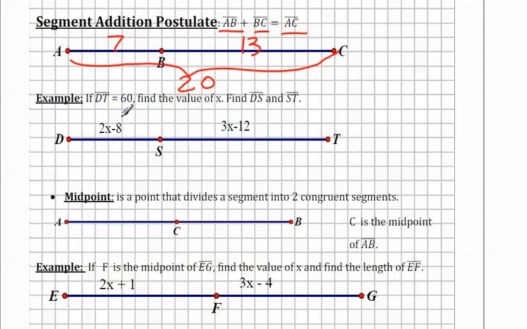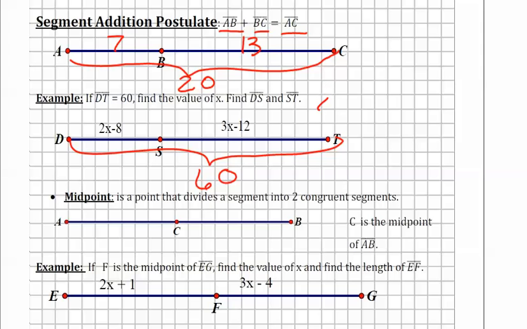This is where the algebra comes in. This is the fun stuff. We're actually starting to do some math. This first one says that if DT equals 60, well, DT is this whole length, so this whole length is 60. And DS is 2x minus 8, and ST is 3x minus 12, and we need to find x. Based on the segment addition postulate, I should be able to add DS plus ST to give me the whole thing.